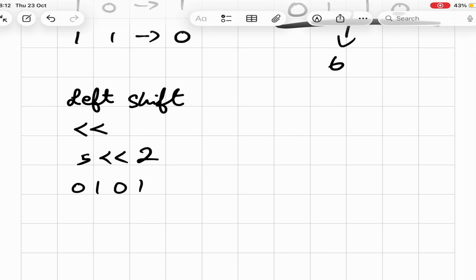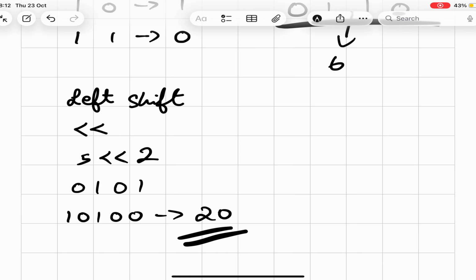And when I shift 5 two bits to the left, 2 zeros should be added to the right. So it's nothing but 10100, right? So this is nothing but shifting 5 two bits to the left. So this value turned to 20. So here you can see when you're left shifting, you are increasing the value. You can say you're gaining more information or something like that.